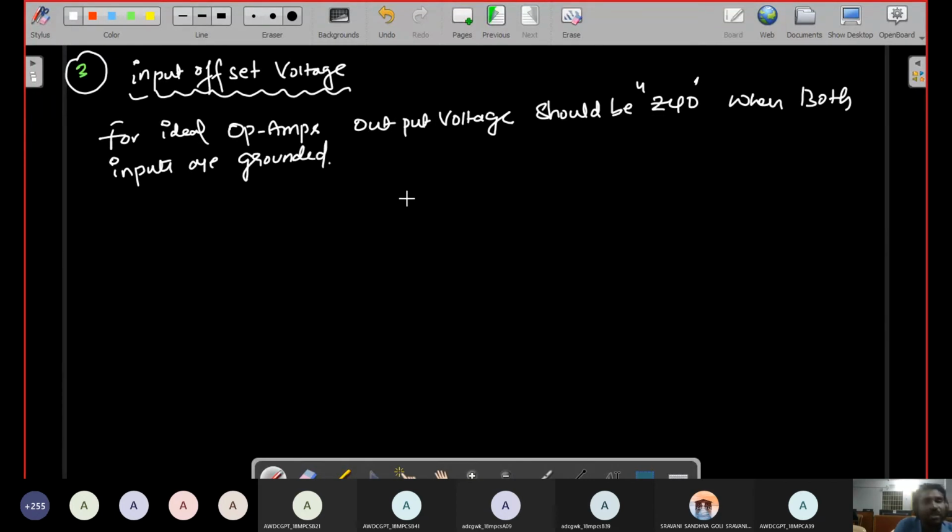Understand this point. For an ideal operational amplifier, the output voltage should be zero when both inputs are grounded.